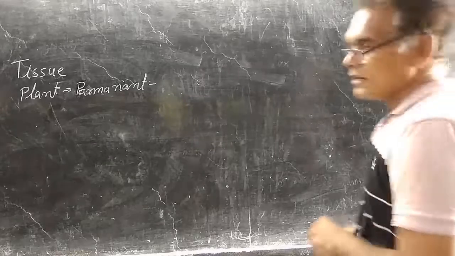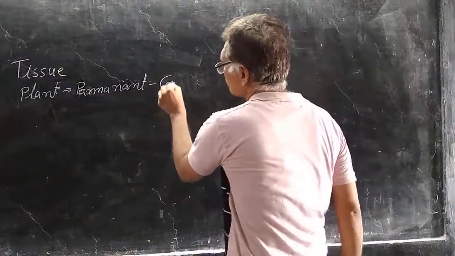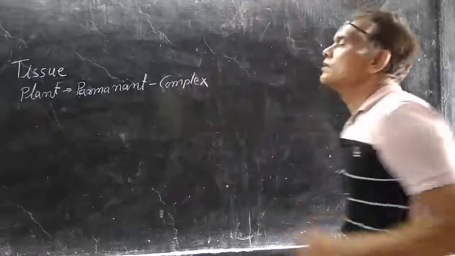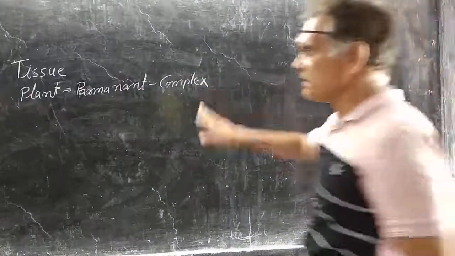Another type of permanent tissue is complex tissue. Permanent tissue is of two types, simple and complex.